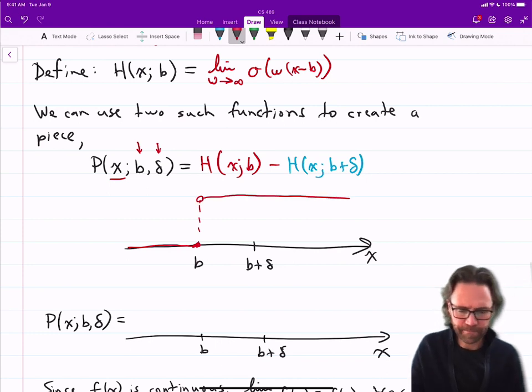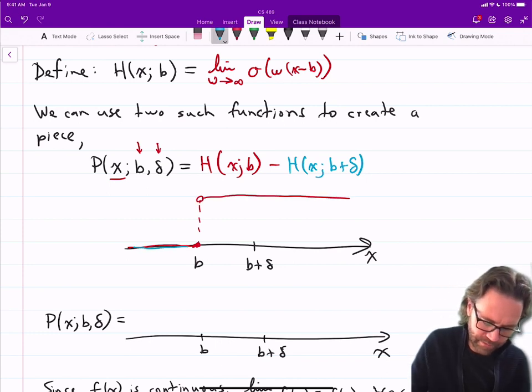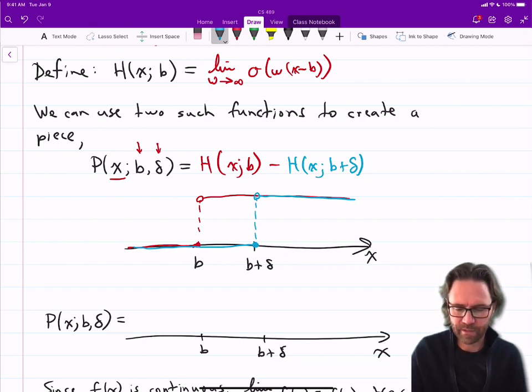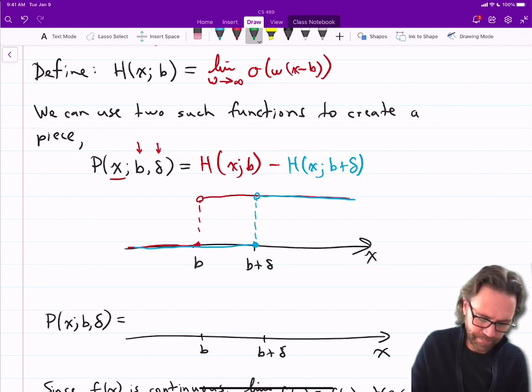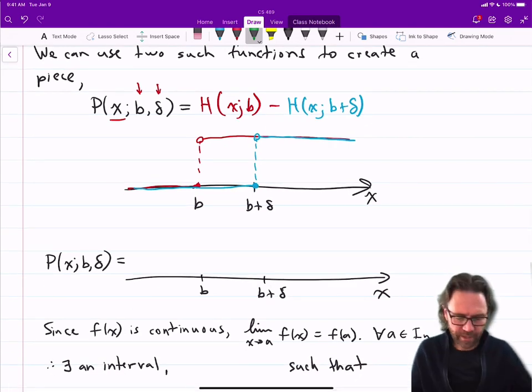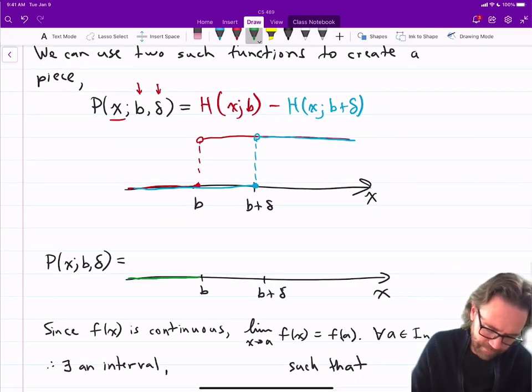The blue thing looks like this. So if I subtract those two, I'll draw it in green, I get this.